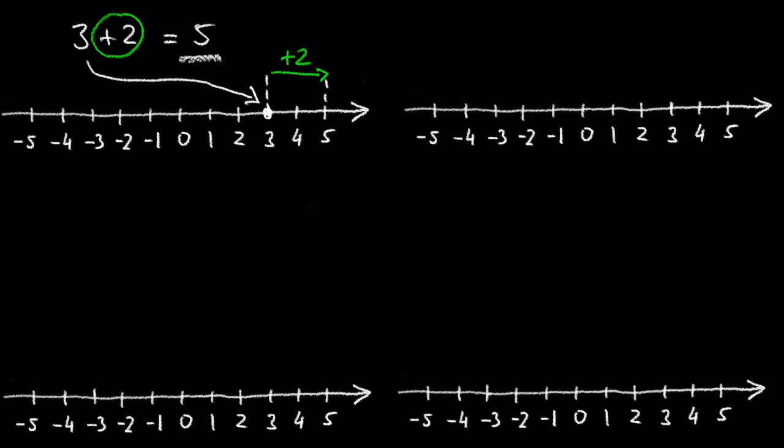In contrast to that, we can also add a negative number, like 3 plus negative 2. Once again, the first thing you do is find the point on the number line which represents the first number. At that point, however, we represent adding the negative number 2 with an arrow to the left.